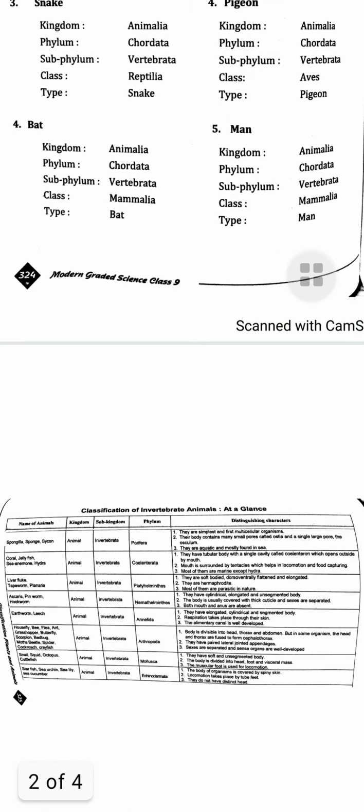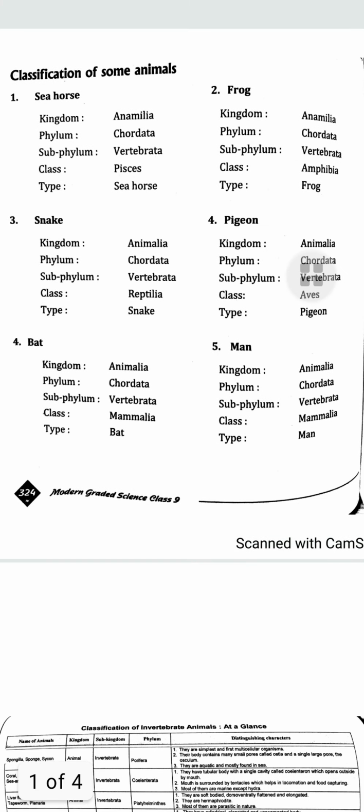So now your duty is to do these questions. Question number 1. Classify the following animals with one salient feature. Write down the question. Number 1, seahorse. Number 2, frog.